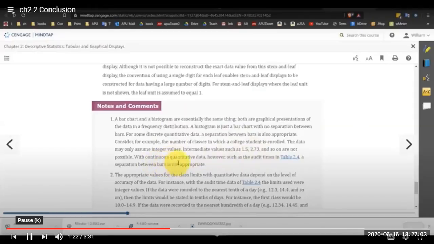So they're saying that when you're doing a bar chart instead of a histogram, sometimes you want to have separation between the bars, but sometimes you don't. If it's discrete data, maybe you should have separation between the bars. But if it's continuous data, then maybe you don't want to have separation.